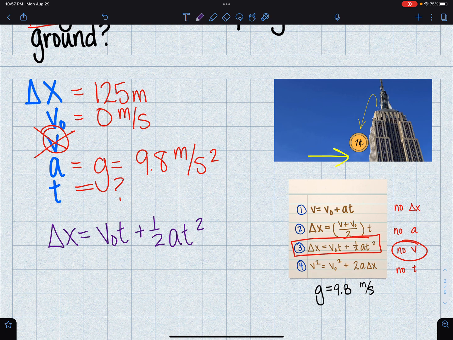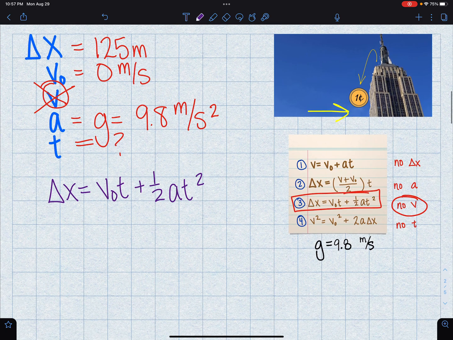All right, let's start filling in what we know. For this Δx, I'm going to put in 125 meters. So 125 meters is equal to v₀. v₀ was 0 meters per second. So look what's going to happen. I have 0 meters per second times t.